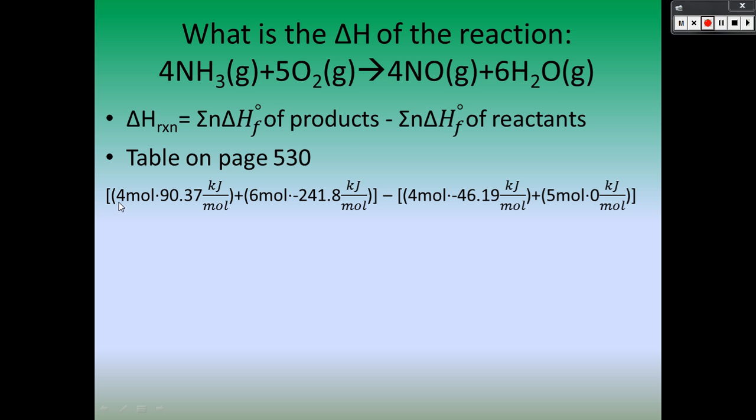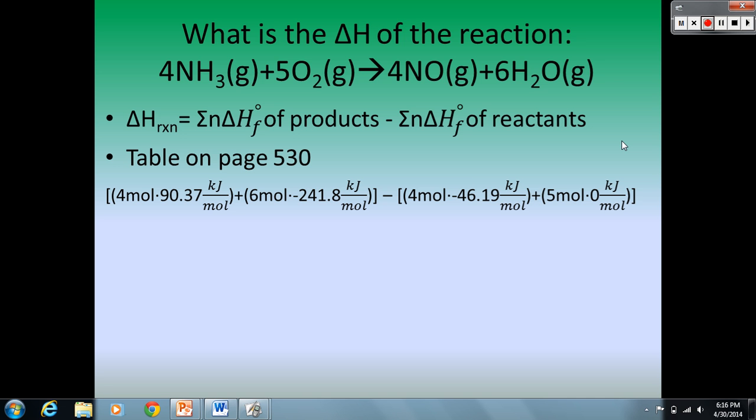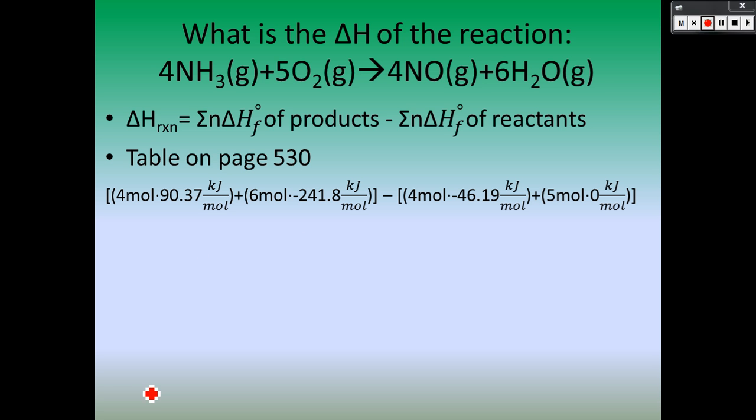So this 4 moles times 90.37. This 4 mole goes with that, because remember, it's products minus reactants.